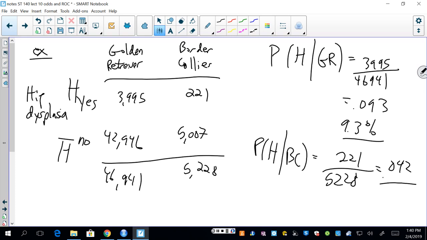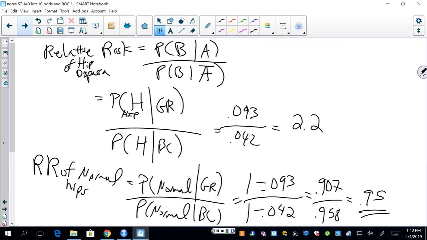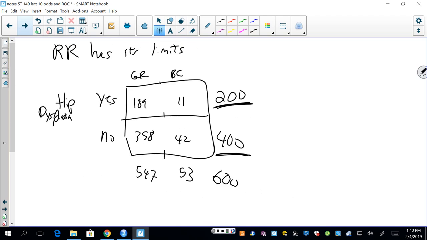So if you wanted to study a medical treatment, pain relief or something, for dogs with or without hip dysplasia, and you took a random sample, you wouldn't get as many. This type of sampling is called case control sampling. It would be used for this and any number of other diseases, right?